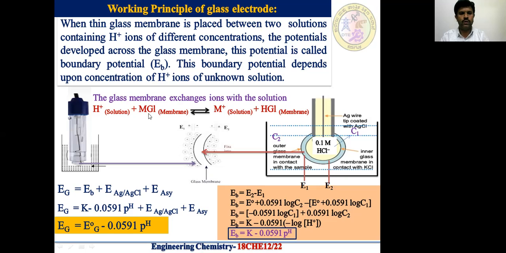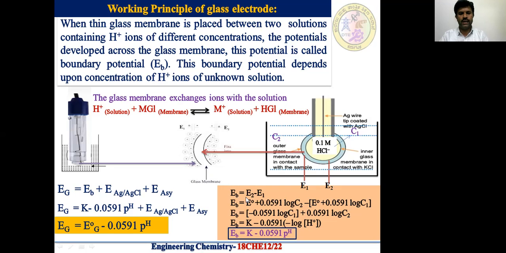That is due to exchange of protons with the glass membrane. You can see here the proton is replacing or exchanging with the metal ions in the glass membrane. Hence the potential develops across the glass membrane, and this potential is called the boundary potential, EB. This boundary potential depends upon the concentration of H+ ions of the unknown solution or outer solution.